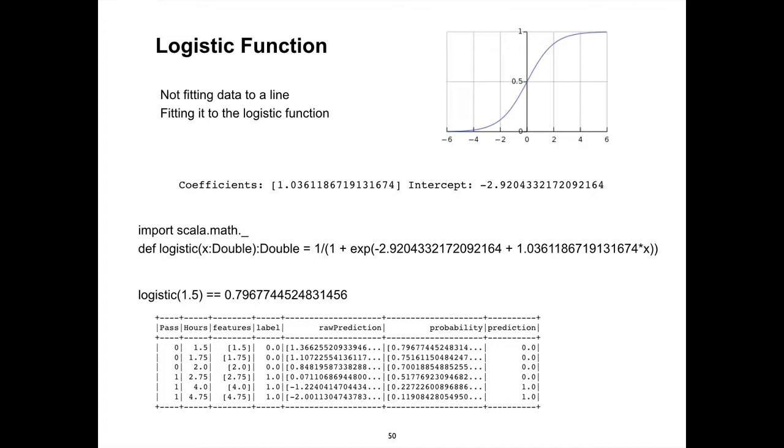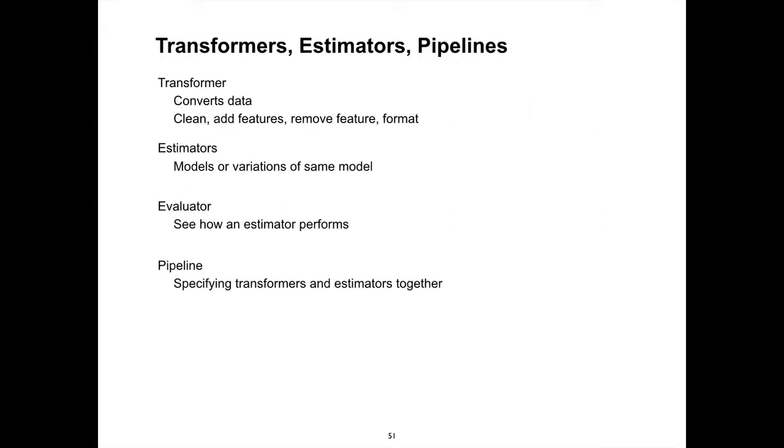So basically when we're doing logistic regression, instead of mapping to a straight line, we map to this function, right? Looking at examples, we're just doing it directly.